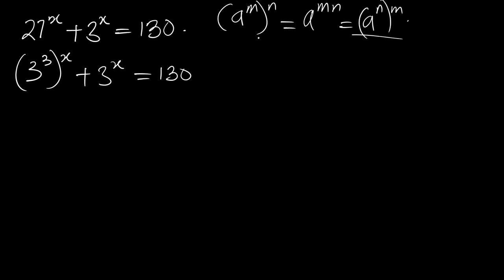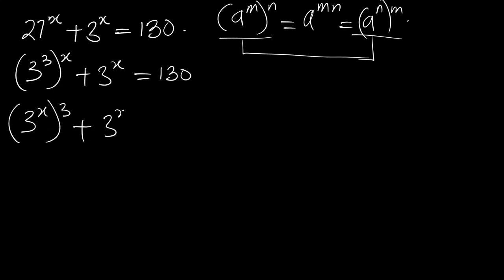So when you look at these two, you can interchange this power. So now you have 3 to the power x all to the power 3 plus 3 to the power x is equal to 130.